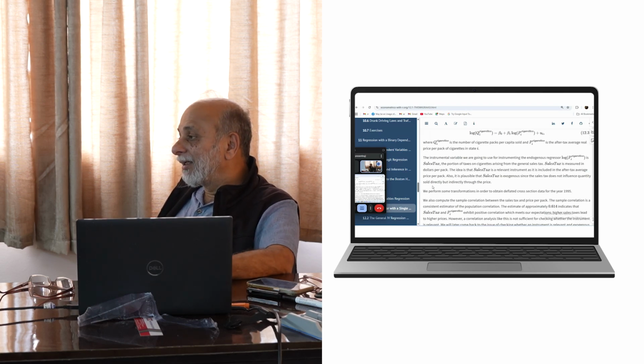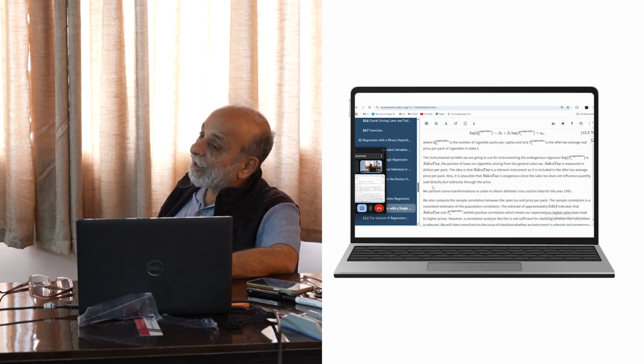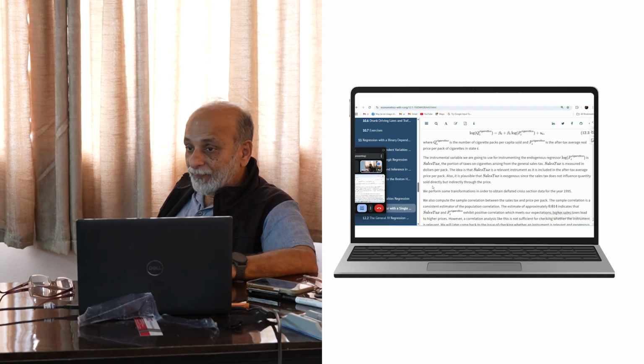One possible instrument is this: every state collects sales tax, out of which some portion has come from selling cigarettes. The proportion of sales tax revenue for any particular district that has come from selling cigarettes is correlated with the price of cigarettes in that district. But it is not an independent source of the demand for cigarettes.